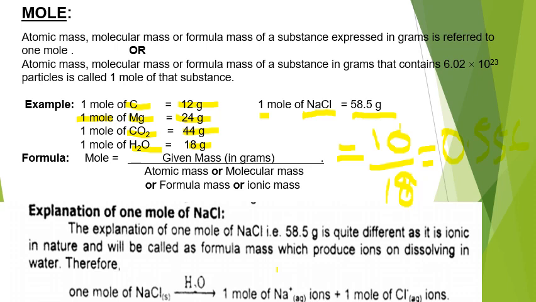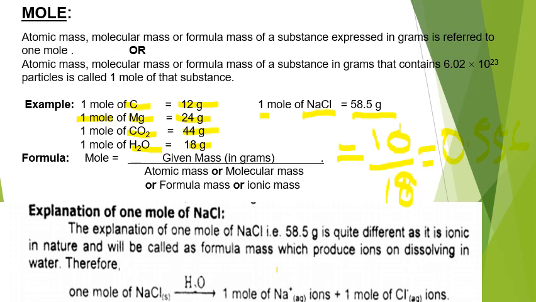Right? And if we are asked how many cations are produced from 1 mole of NaCl, or how many moles of anions are produced by the dissociation of 1 mole of NaCl, what will you say? We have to say that 1 mole of NaCl, when it dissociates, will produce 1 mole of cations, that is of sodium ions. I hope you know what cations are. Positively charged ions are called cations, right? And it will also produce 1 mole of chloride ions. I hope you know what anions are.